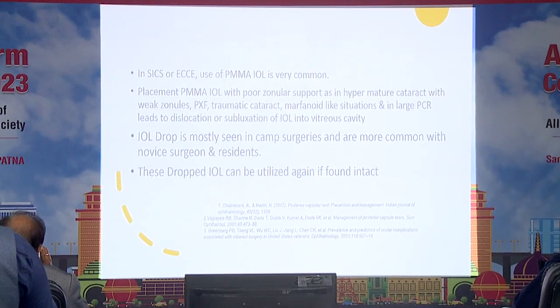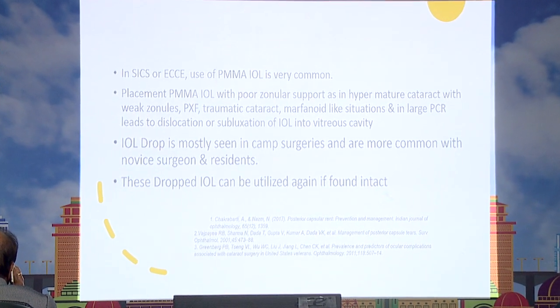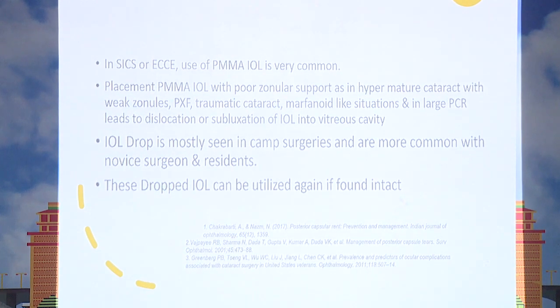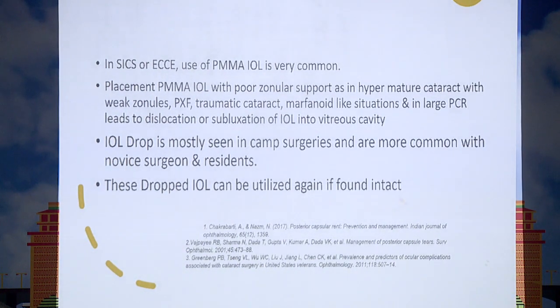In SICS, use of PMMA IOL is very common. Placement of PMMA IOL with poor capsular support, as in hypermature cataract with weak zonules, pseudoexfoliation, trauma, or Marfanoid features, or in case of large PCR, leads to dislocation or subluxation of the IOL in the vitreous cavity.